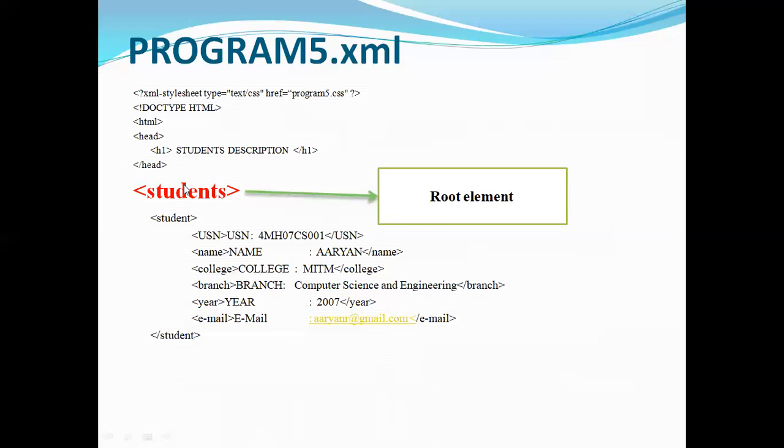Here the students is called the root tag, whereas the student is called the child of that students tag. Here the students is called the root tag, and it is also called the root element. Each XML document must have one and only one root element. Here we are having only one students as the root element, and whatever elements you write should be properly nested inside that root element.